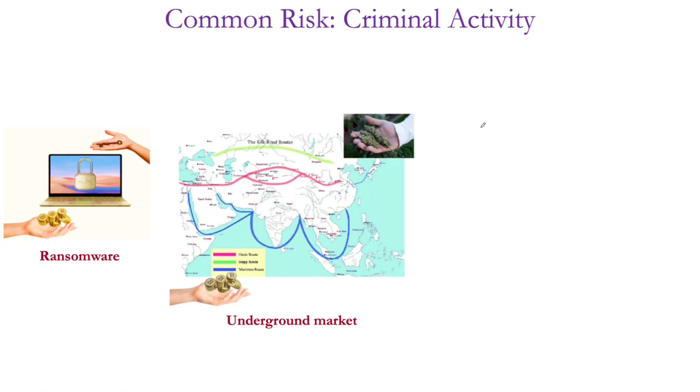Another type of criminal activity you find is the underground market. In the underground market, Bitcoin is often used as the currency. For example, you might have heard about the Silk Road underground market.